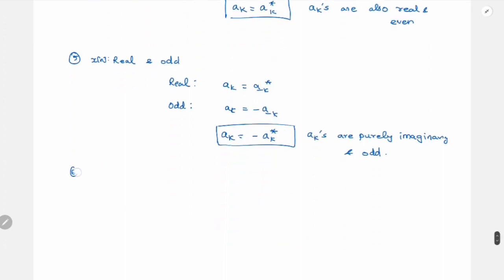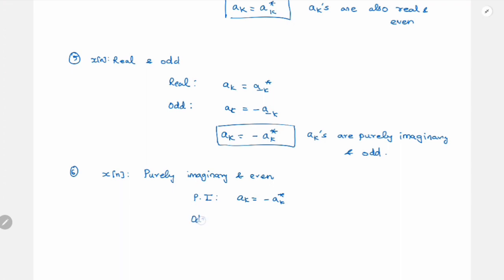Similarly, if you have x[n] purely imaginary and even, then what will you have? For purely imaginary, you will have a_k equal to minus a_{-k} star, because x[n] is equal to minus x conjugate of n.